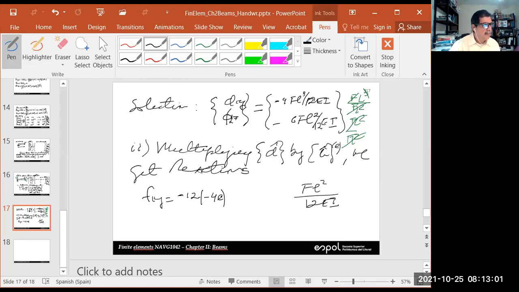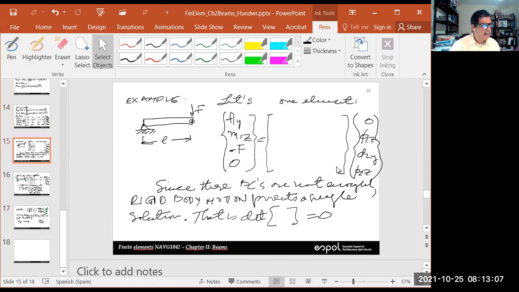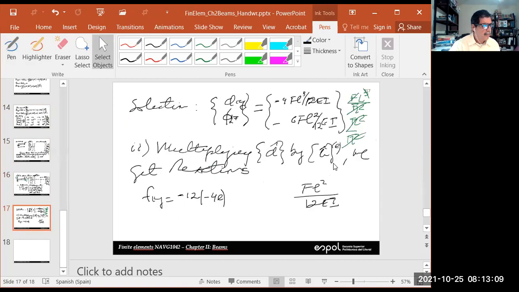And the other term is 6L, so it's going to be plus 6L multiplied by minus 6.